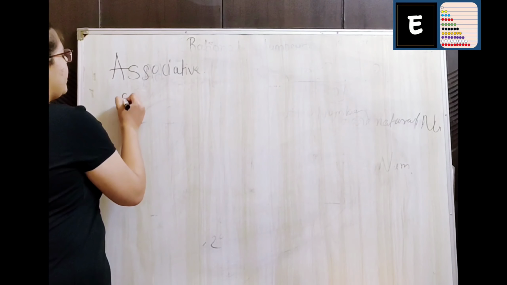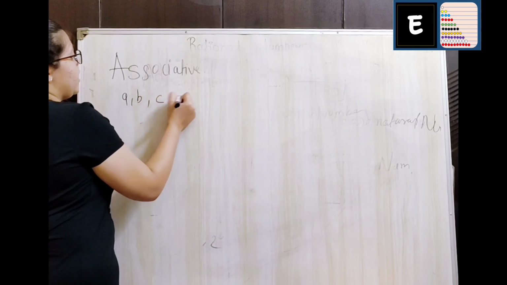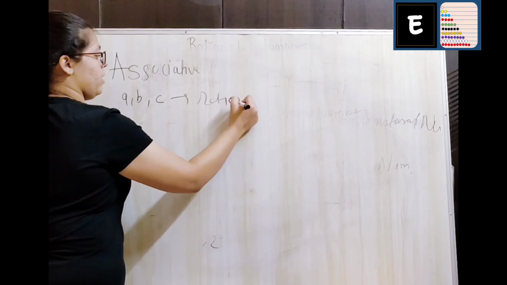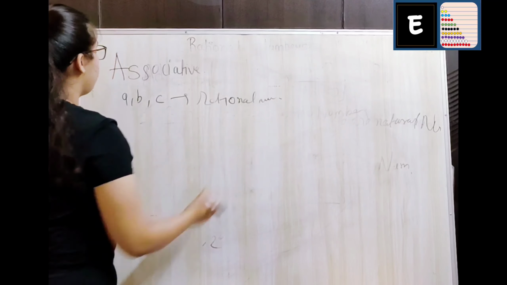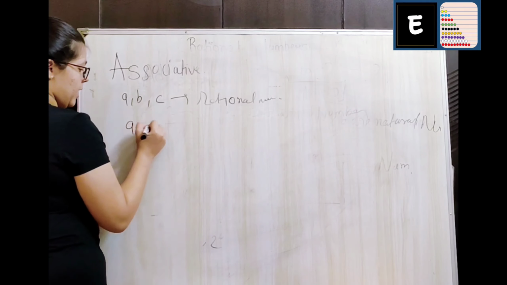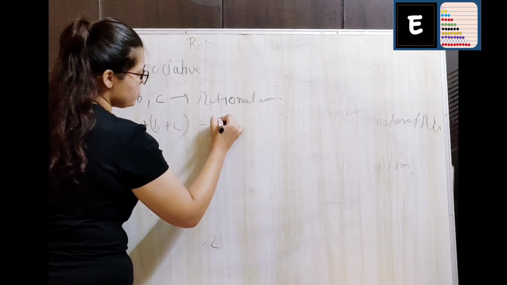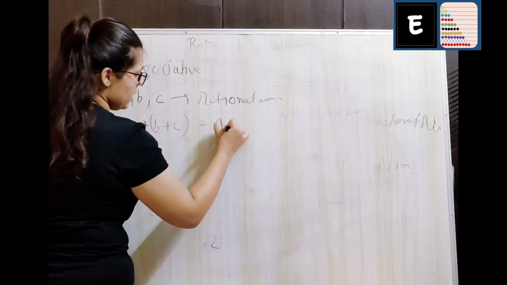So let's assume a, b and c are three rational numbers. Then (a plus b) plus c, with the bracket here, is equal to a plus (b plus c), or you can write it that way.